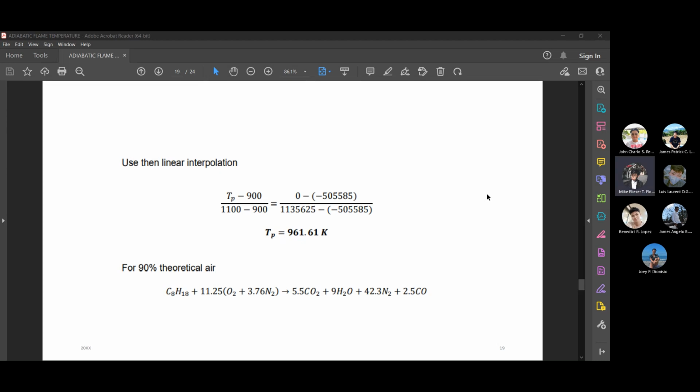And our answer will be 961.61 Kelvin. For the last letter C, which is for 90% theoretical air, we have liquid octane plus 11.25 oxygen plus 3.76 nitrogen yields 5.5 carbon dioxide plus 9 water plus 42.3 nitrogen plus 2.5 carbon monoxide.